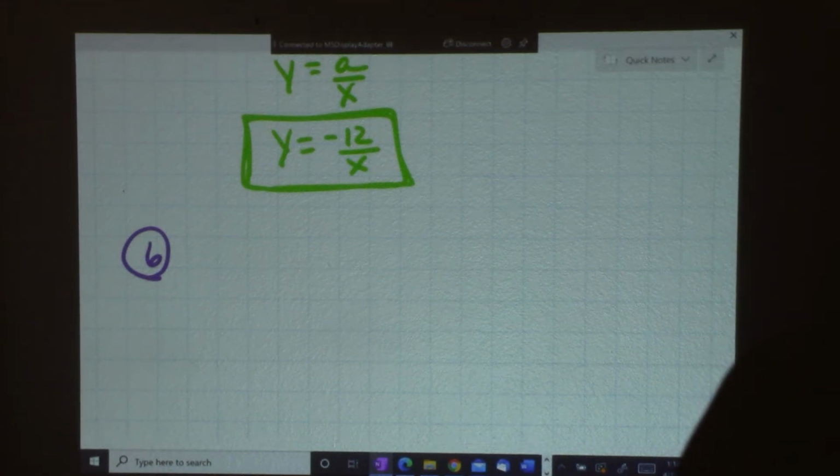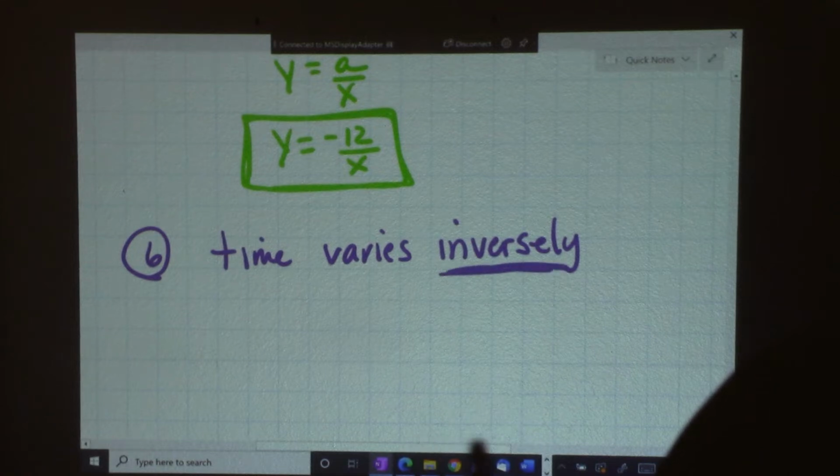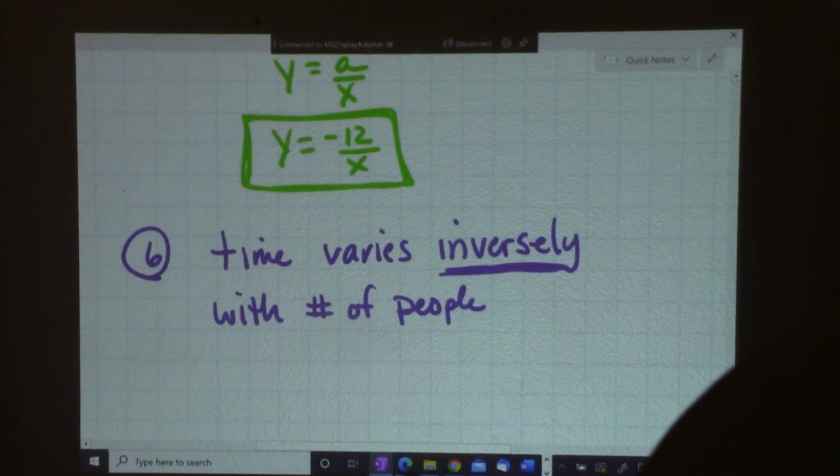A theater company plans to hire people to build a stage set. The work time, T, varies inversely. That's important. It tells me I have an inverse function with the number of people hired to do the job.